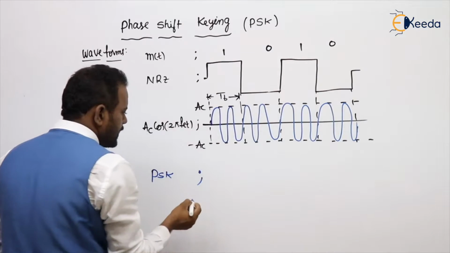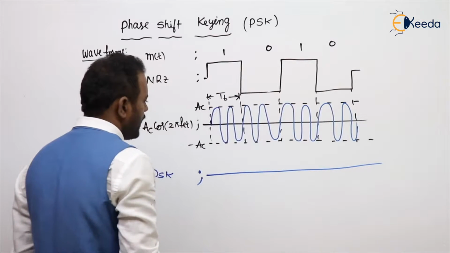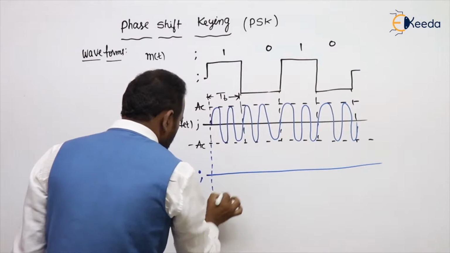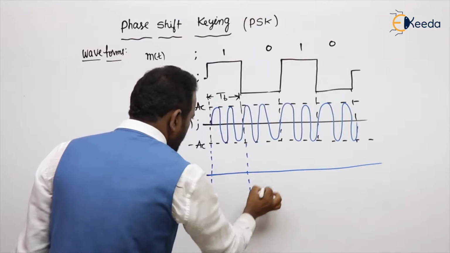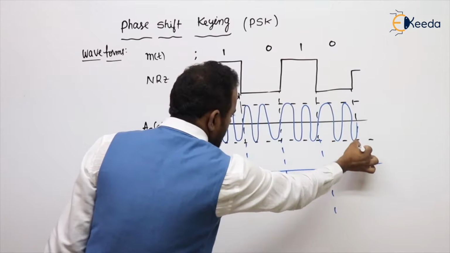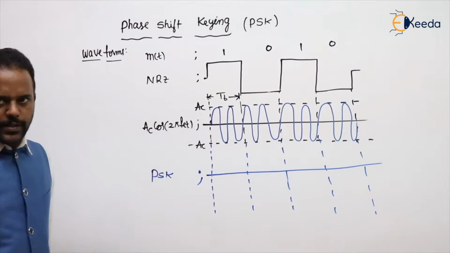Coming to the PSK signal, there will be two modulated signals corresponding to binary 1 and binary 0. Corresponding to binary 1 is called S1(t). Corresponding to binary 0 is called S2(t). What is S1(t)? Same carrier, or compared to the carrier, 0 degree phase difference.